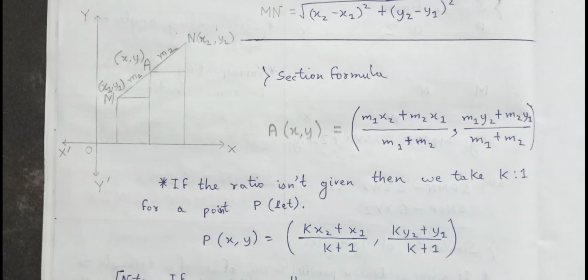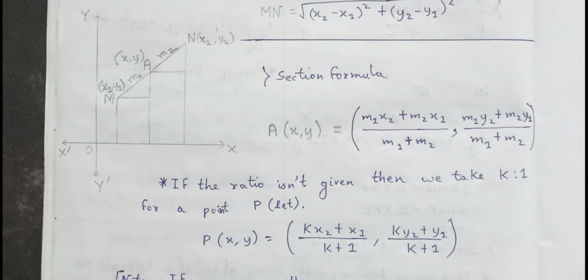One more case: if the ratio is not given, and they ask, for example, about a line segment which is divided in some number of times, how do we find it? We use k is to 1 to figure it out. k can be any value since we don't know it.